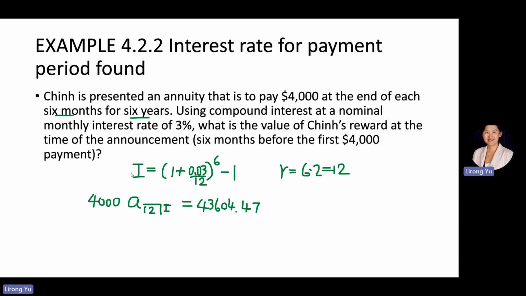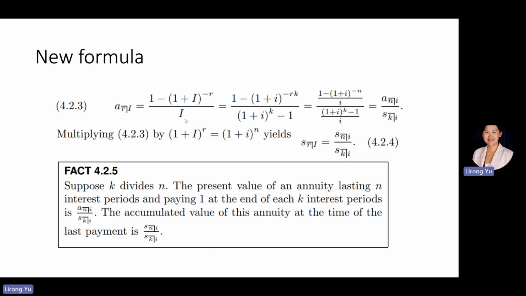But see, i is this. The i looks very much like the accumulation function minus 1. So we try to devise a way to calculate this.